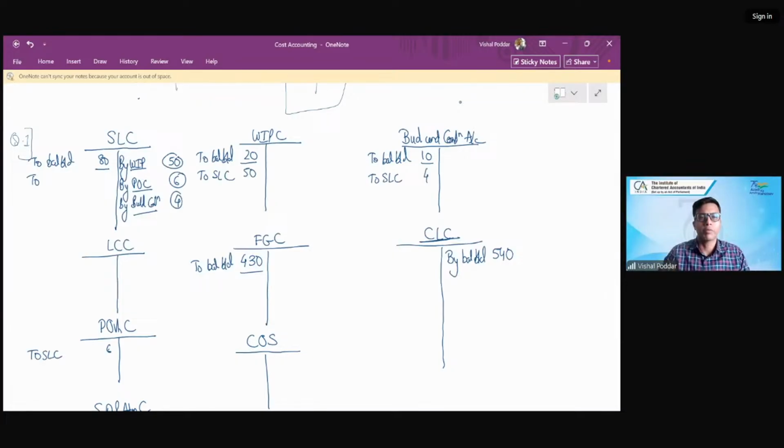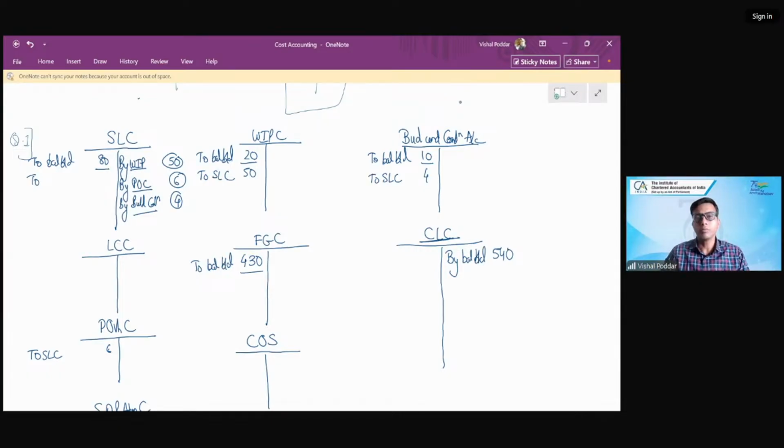In cost accounting, sometimes I have seen students finding challenges, for two reasons. One, the names which are used are slightly complicated. I agree, and that is why I'm saying try to remember the generic names, that is, what that account represents. That will help you in understanding and passing the entries.